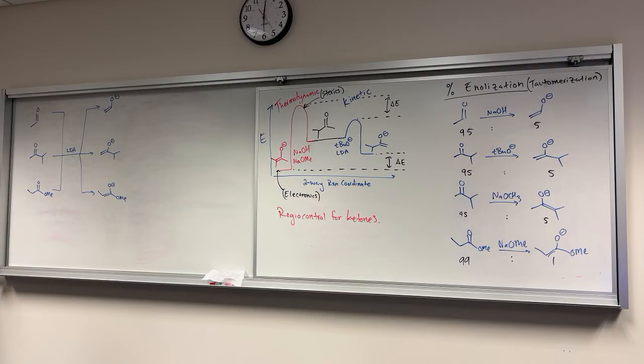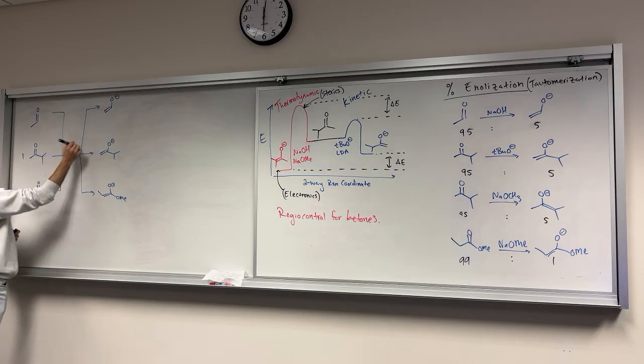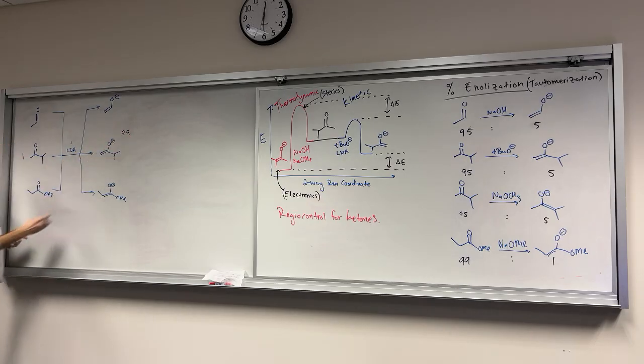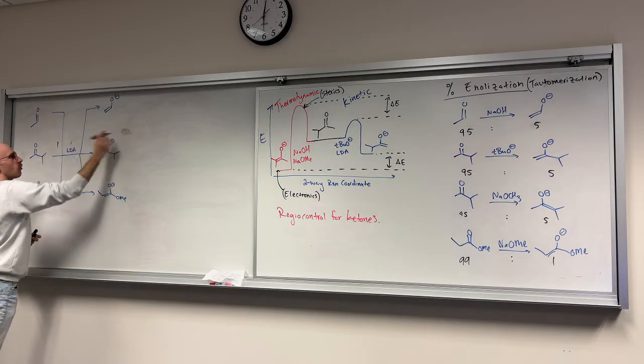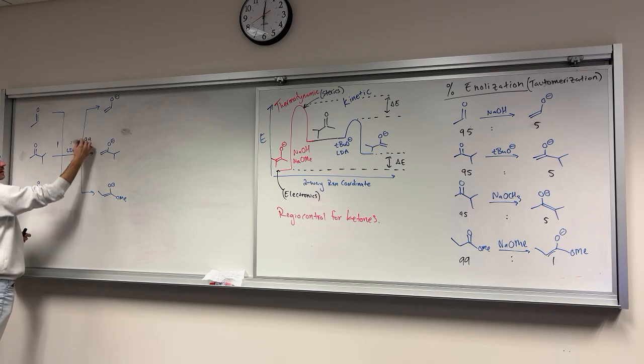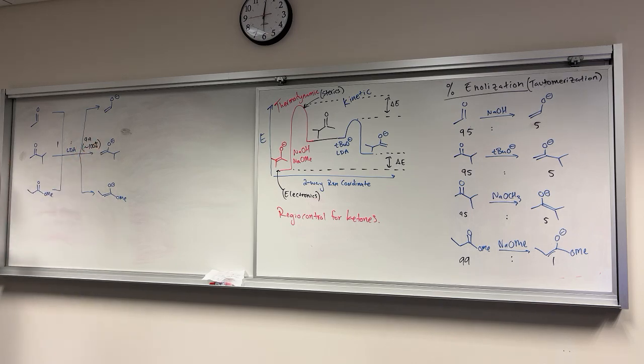But now the ratio flips. We're left with 1 part to 99. And actually, most people will tell you that this is more like 100%, approximately 100%. Complete enolization. For ketones, it's regiospecific.